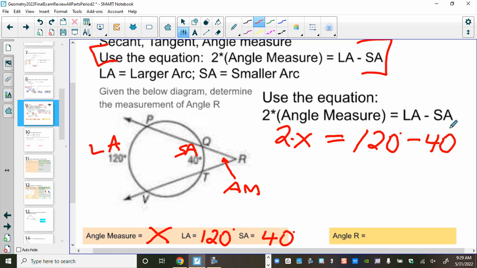Now, is there enough information to solve for X? Can we solve for X given what we see here? Well, what's 120 minus 40?